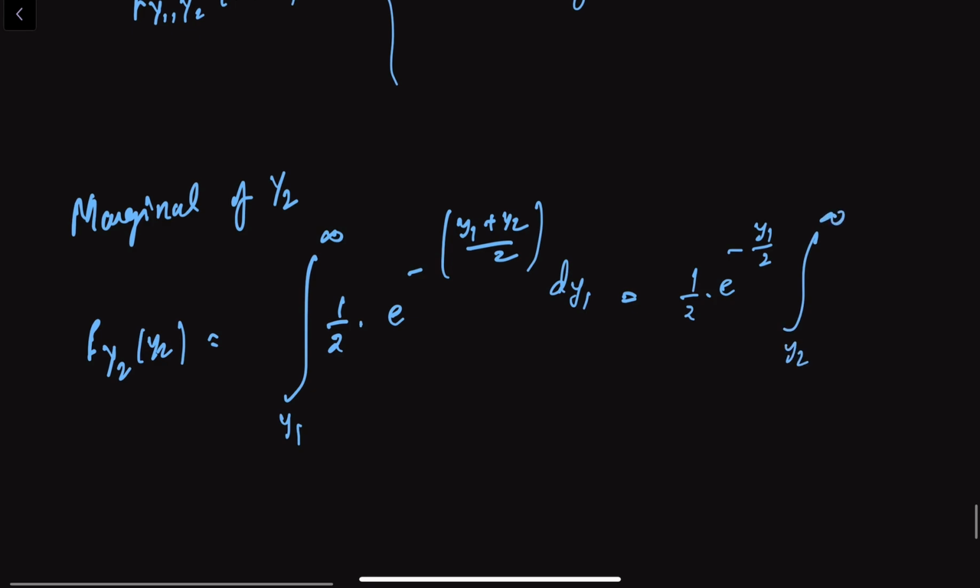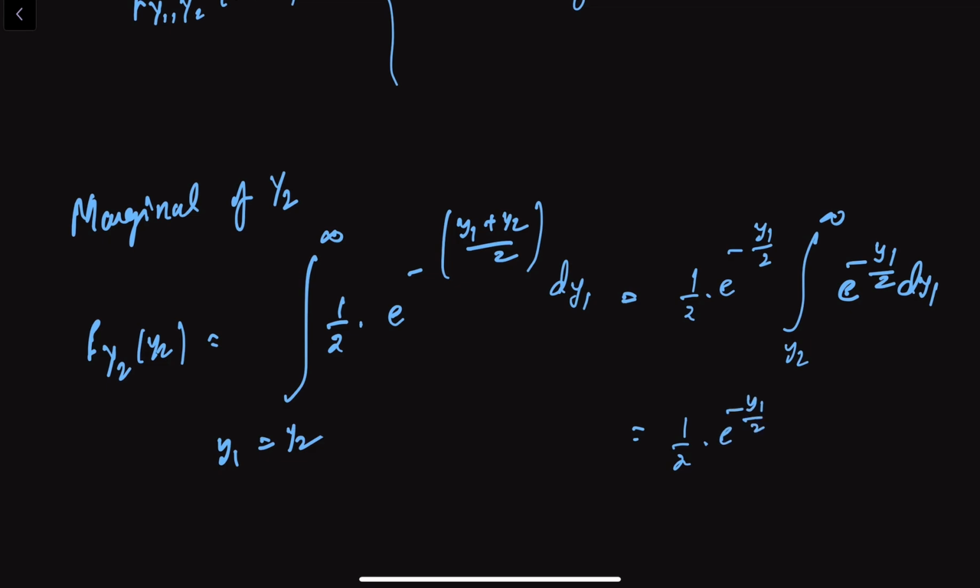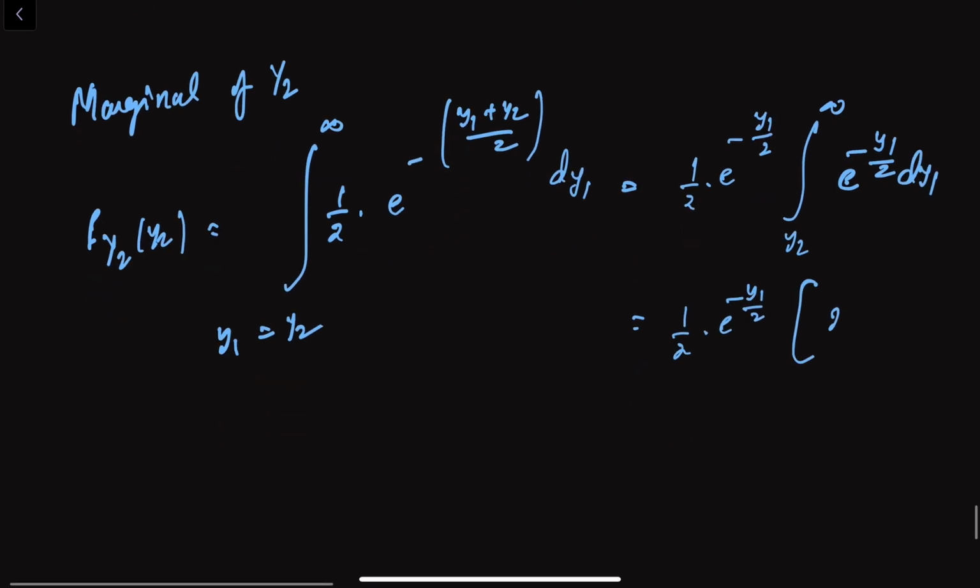We're doing it on y1, so y1 is going from y2 to infinity. So the integral of e to the power of minus y1 by 2 dy1 from y2 to infinity is 2 times e to the power minus y2 by 2. So that is nothing but half into e to the power minus y2 by 2, sorry, here y2 by 2 will be outside.